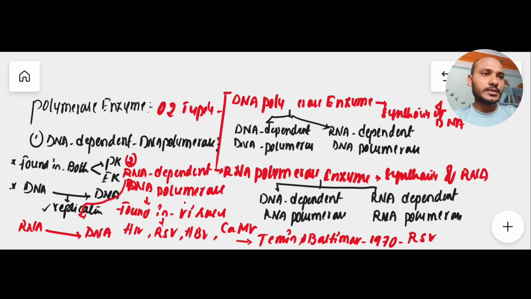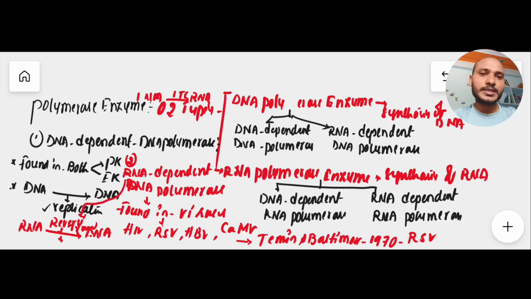Generally, from DNA to RNA synthesis takes place by the transcription process. But here, from RNA there is a synthesis of DNA, which means it is a reverse transcription process. Hence this enzyme is called reverse transcriptase enzyme.